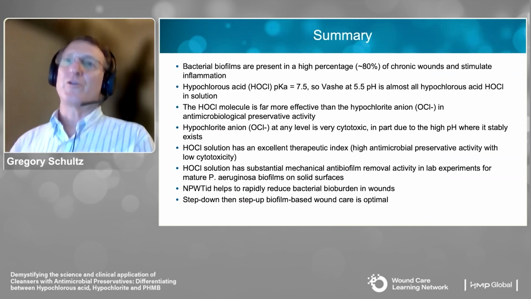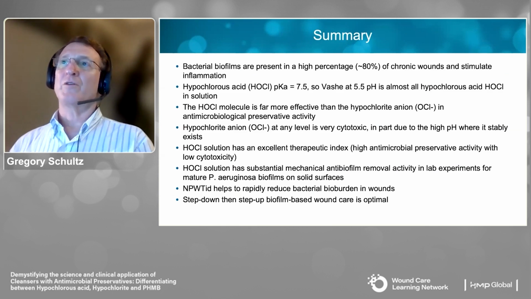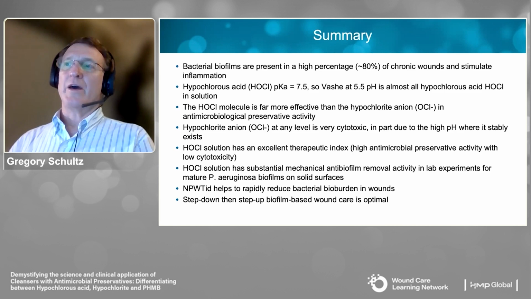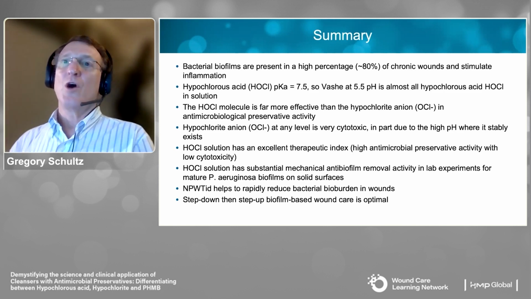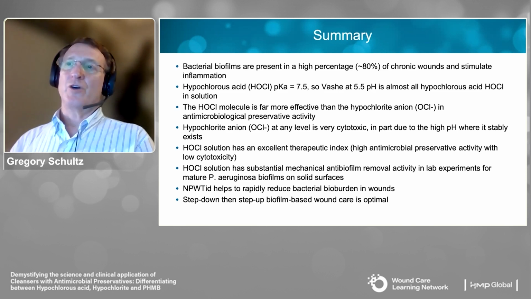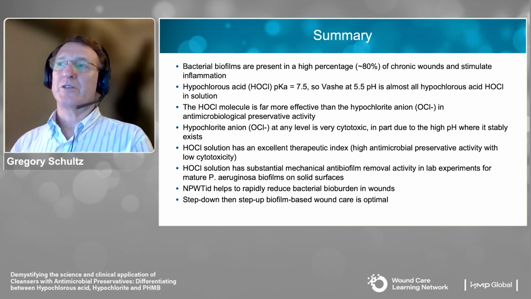So in summary, basically what we need to appreciate is that bacterial biofilms are a substantial impediment in most chronic wounds. We need to adjust our treatment strategies to remove the biofilm and to eliminate whatever is left. One of the most important molecules to do that is hypochlorous acid. As I showed you, it's superior to the hypochlorite anion in both its low cytotoxicity as well as its very high microbicidal efficiency.